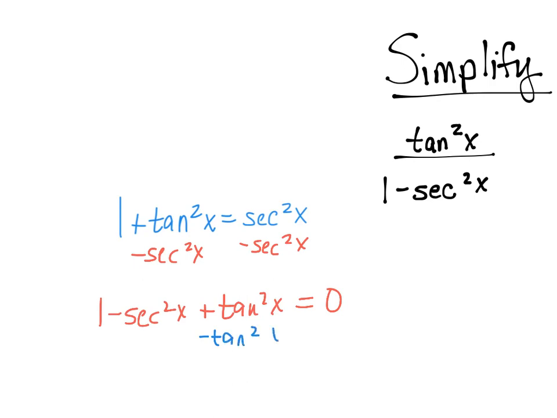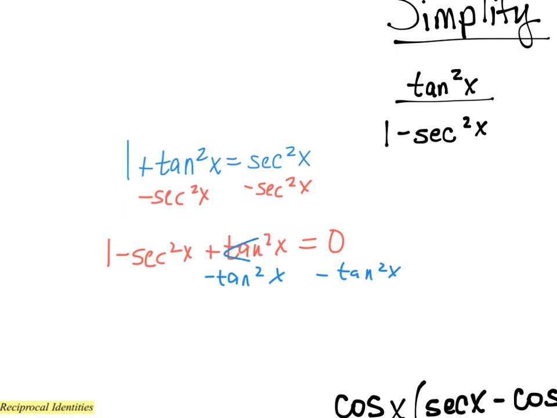Now some of you are like, oh my gosh, that's kind of like the same thing we just did. Kind of like, and not exactly, because what does 1 minus secant squared x equal? Negative tangent squared, not positive.